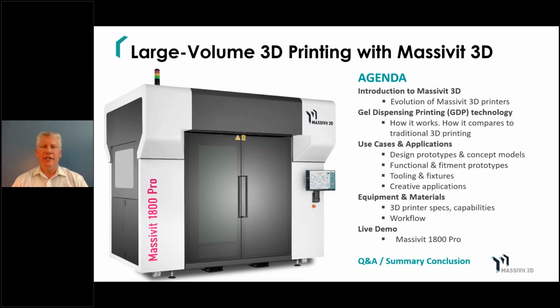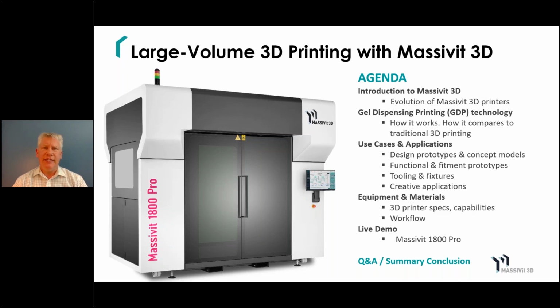I will touch base here with the agenda. We're going to review the company, and review the technology, GDP or gel dispensing printing, how it works and how it compares to traditional additive manufacturing.